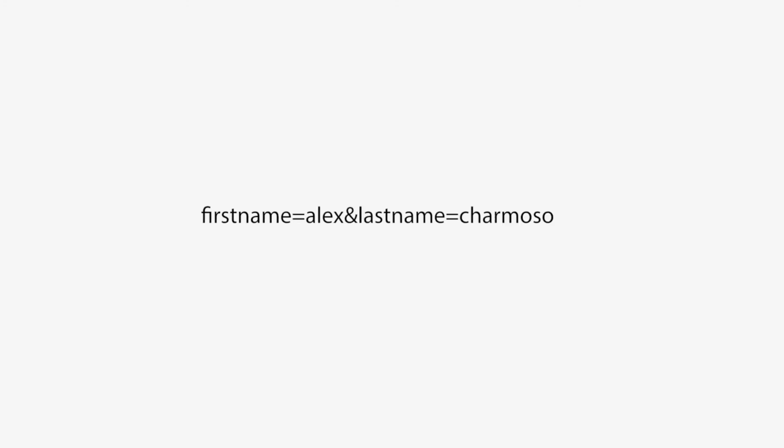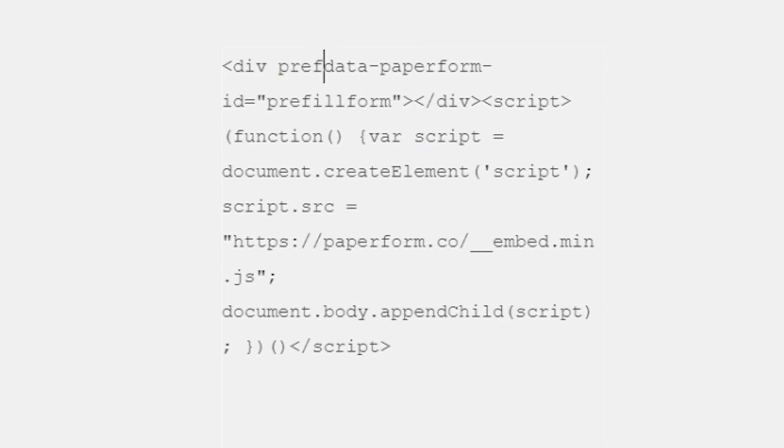Taking a look at our example URL, the query string is first name equals Alex and last name equals "𝗄𝗶𝘁𝗵". We can simply copy that query string and paste it directly into our embed code. Let's look at how we achieve this.